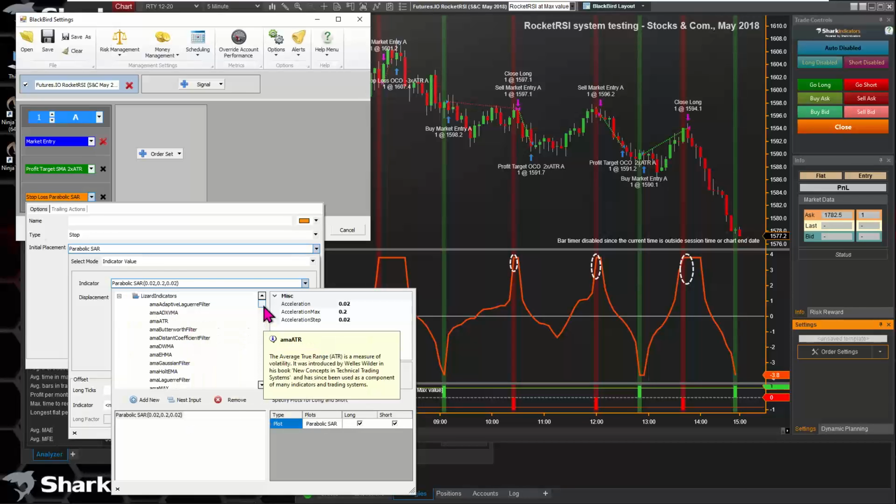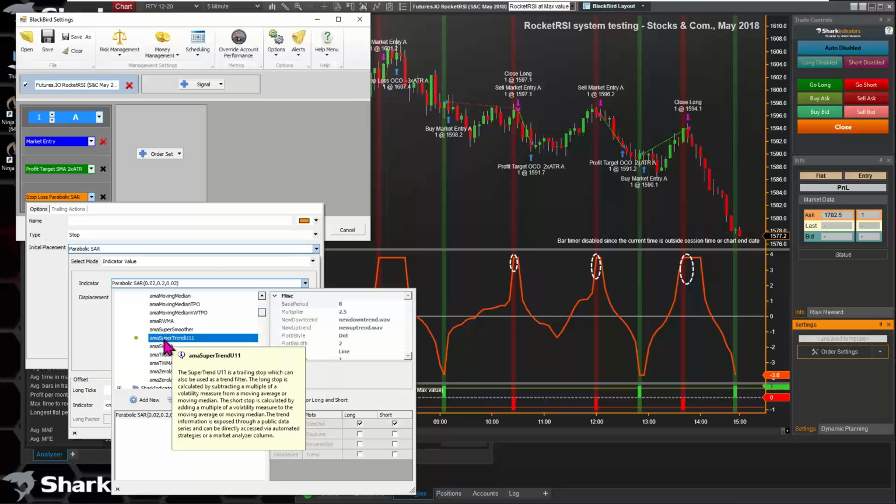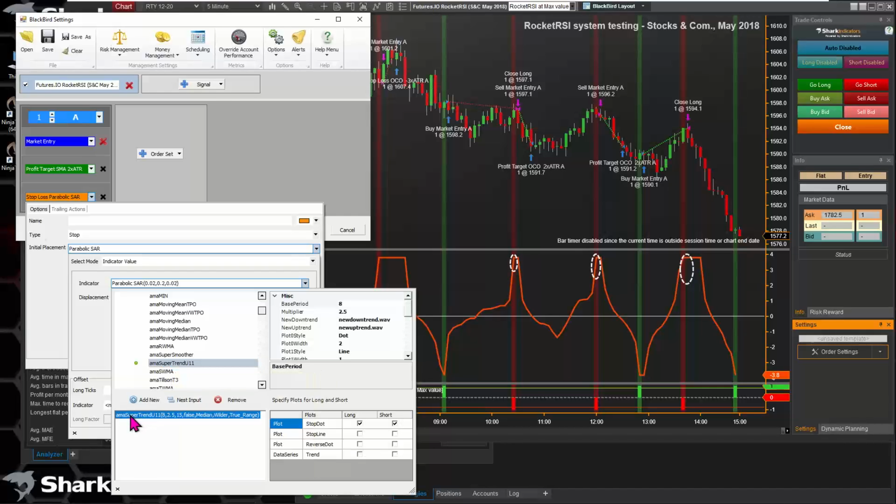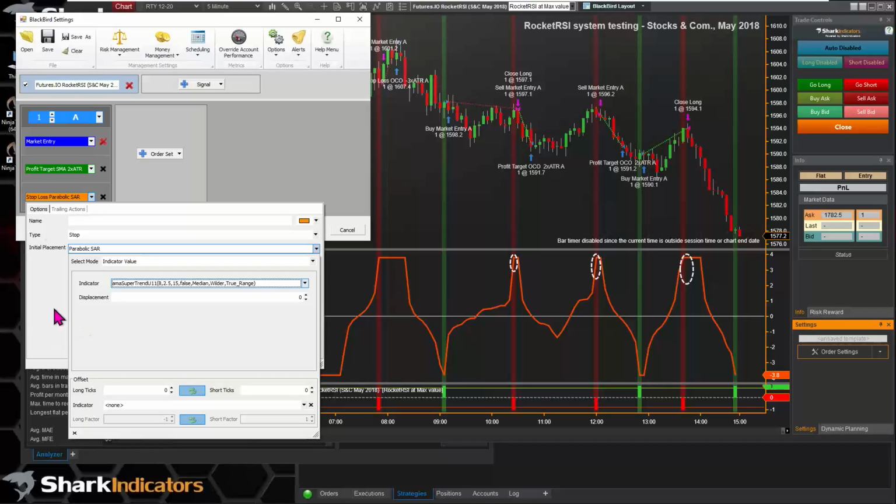If you're using the SuperTrend to set your stop loss, there is the Lizard indicator SuperTrend, U11 right there. You can select that, set your stop loss to the SuperTrend indicator, and have your stop trail that way using the SuperTrend.